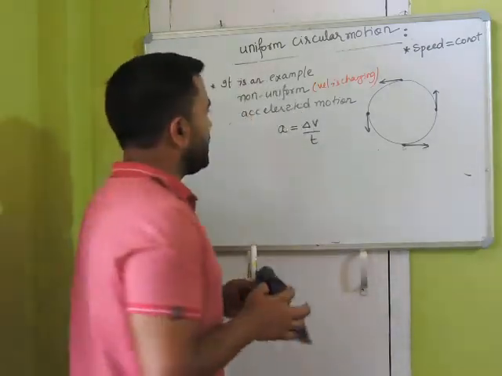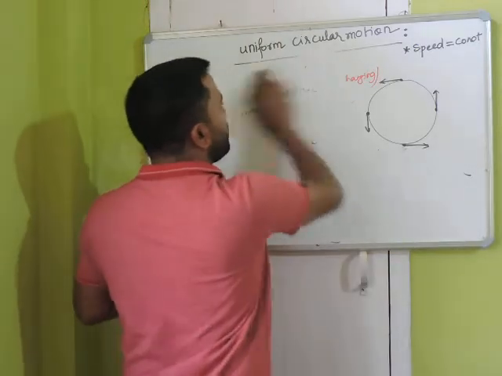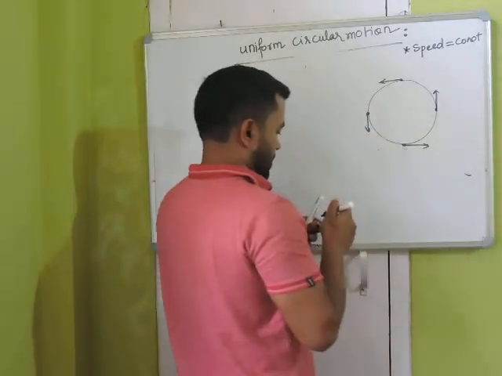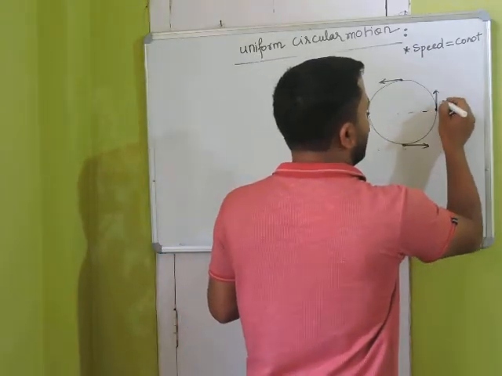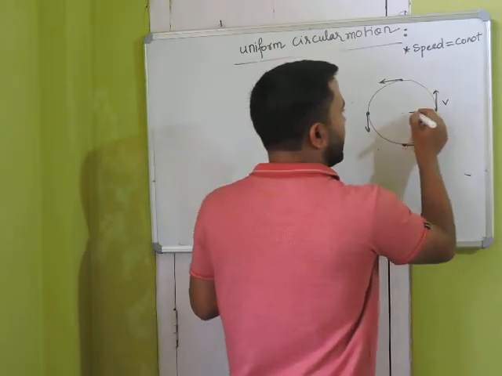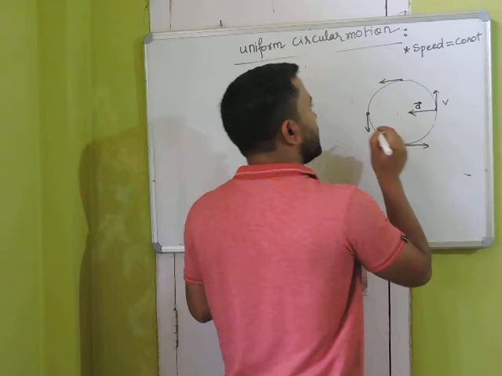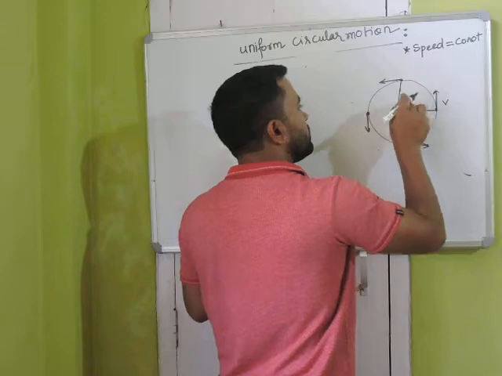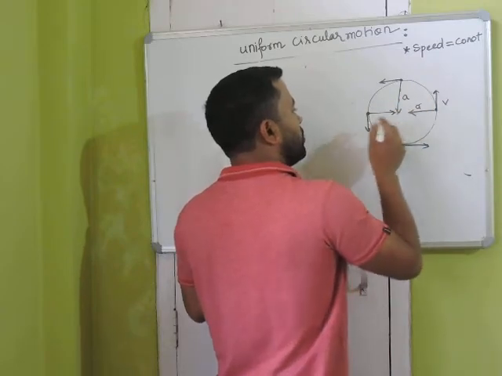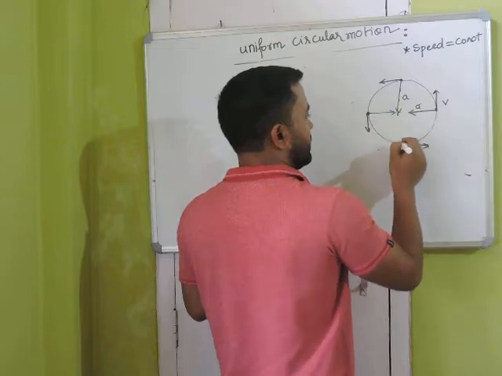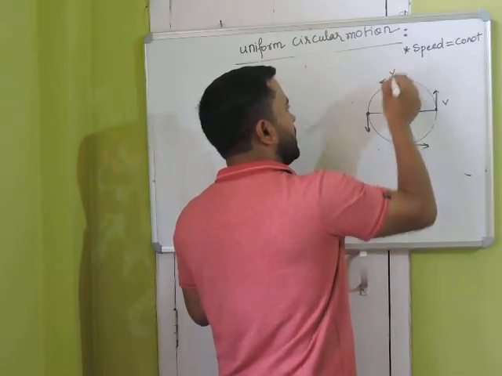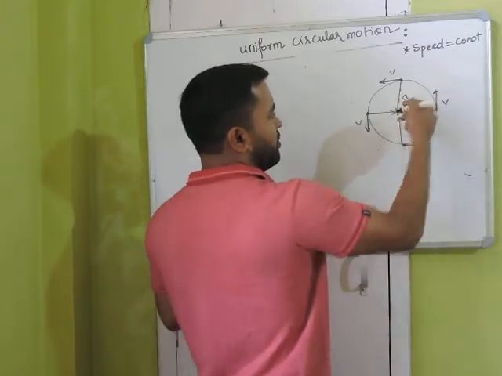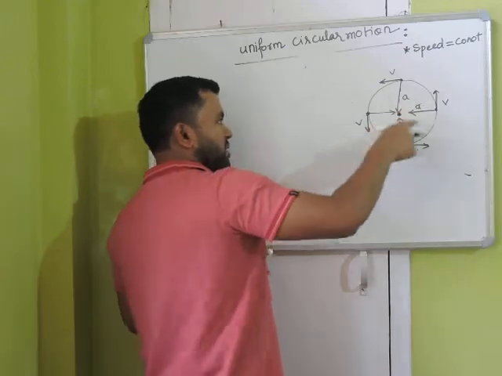Now it turns out that in case of uniform circular motion, at this point, velocity is tangent, and acceleration points toward the center. So if I draw it here, acceleration is downward, toward the center, while velocity is in a different direction. You can see acceleration is pointing towards the center. Of course this is also changing, right?